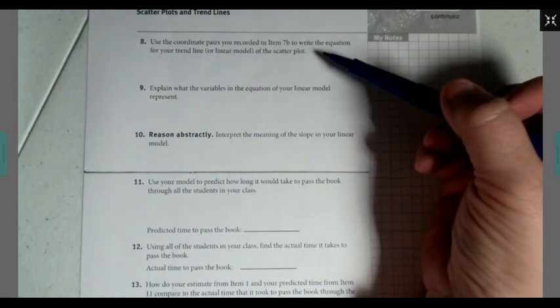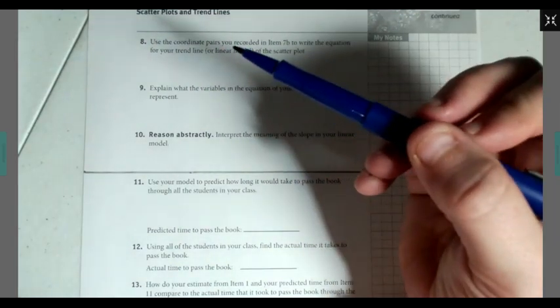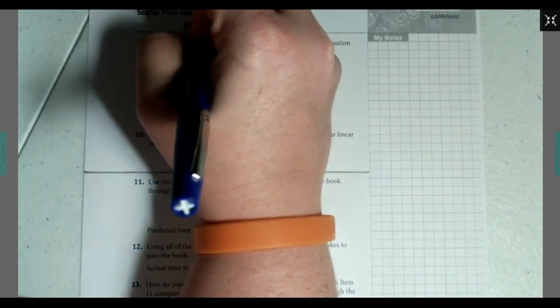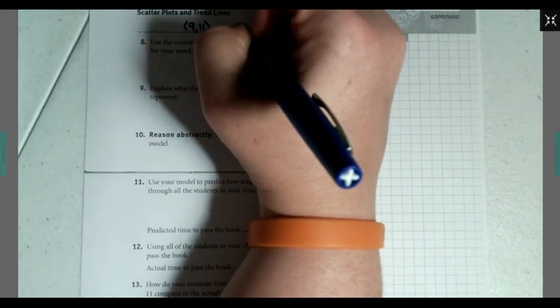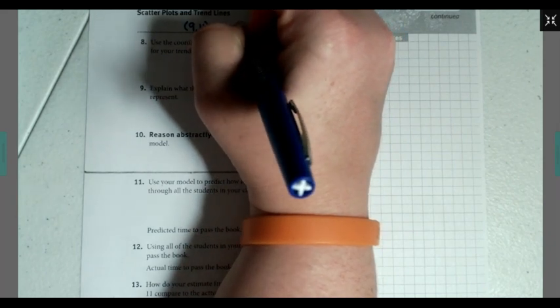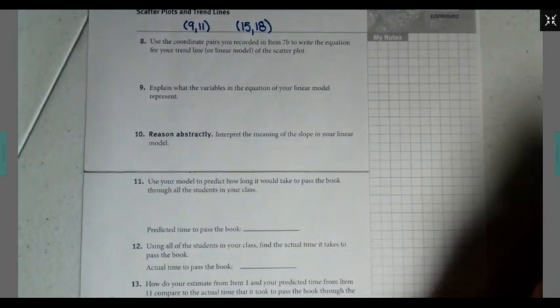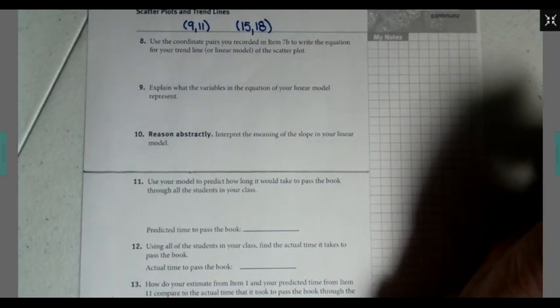We first want to use our coordinates that we just recorded in 7b, which was (9, 11) and (15, 18). And we want to write the equation of our trend line.